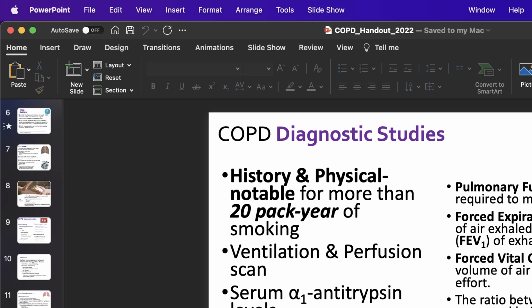The lung surgery, we can do, if the patient qualifies, we can do lung transplantation for patients with COPD. I will say, you know sometimes how out of bad comes good?